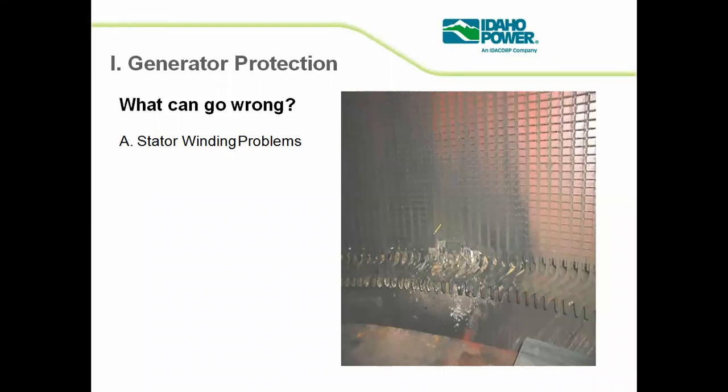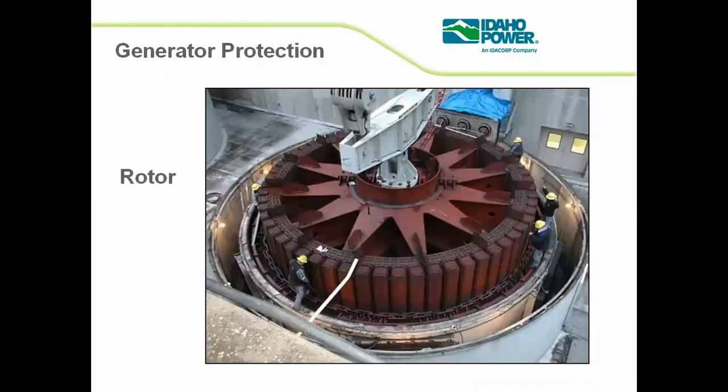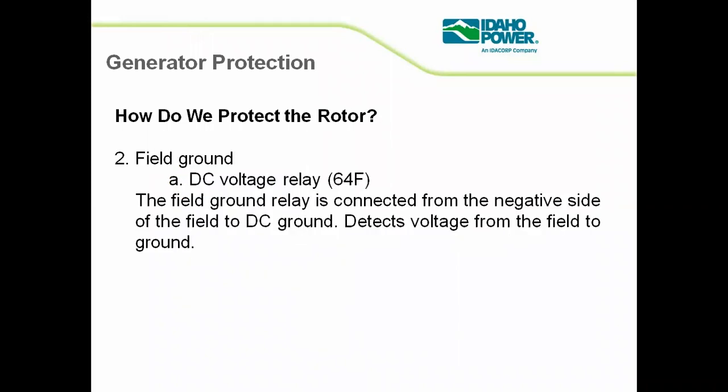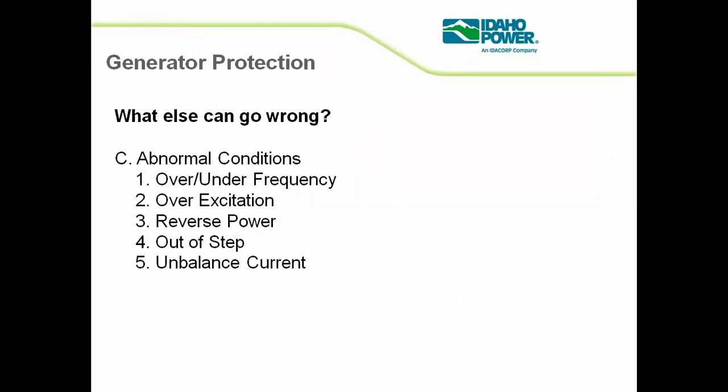In addition to the stator and the rotor, there are certain more types of faults in the generator, like over current and reverse current. So we have to protect our generator against all these types of faults, and in order to protect against them, we generally employ protection schemes.